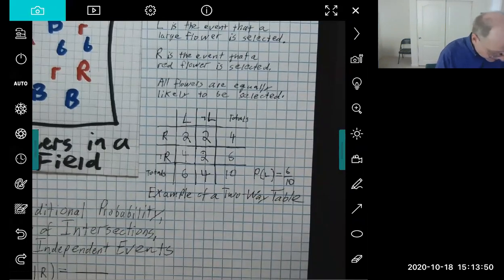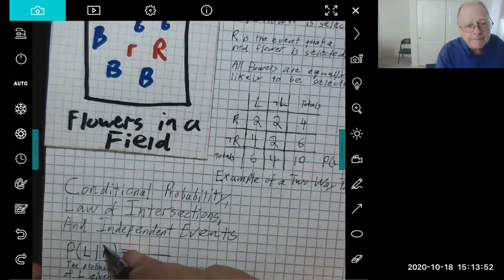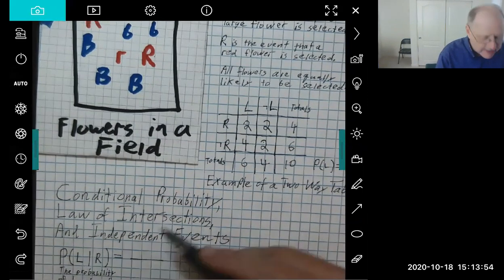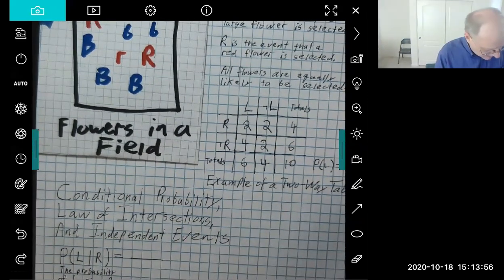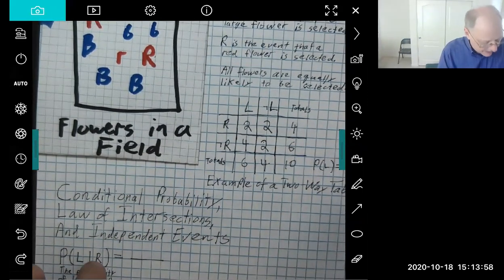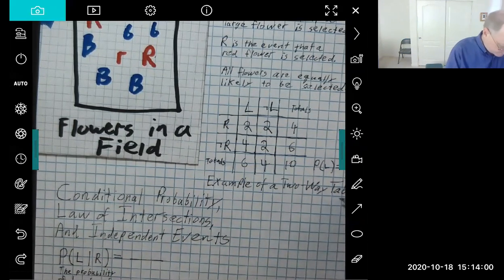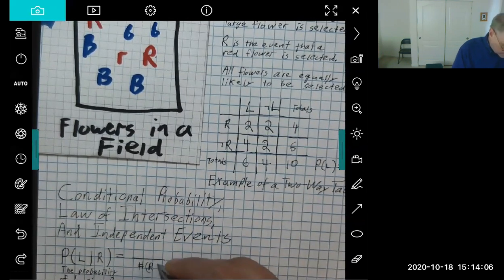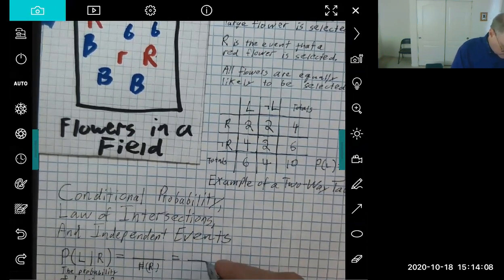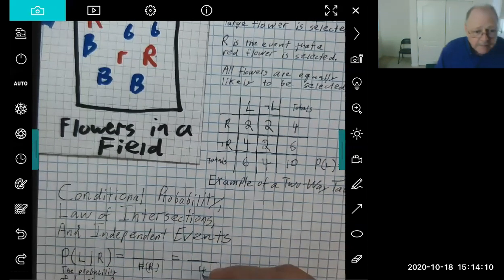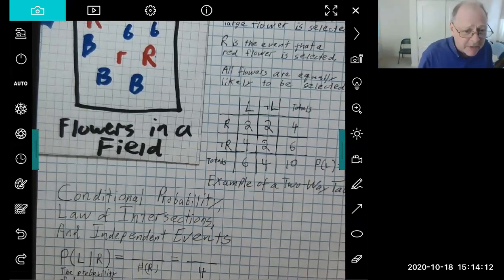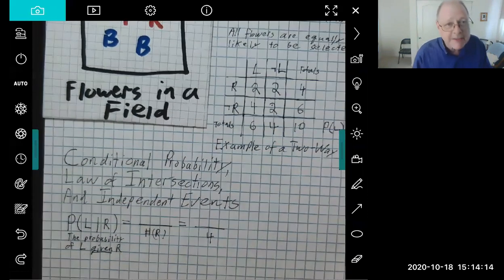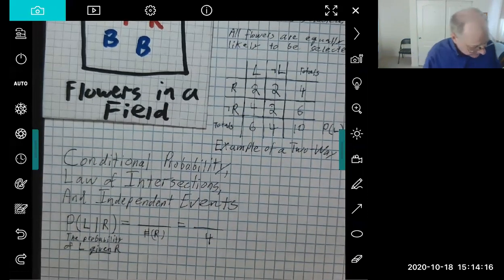Okay, but this is saying, no, it's not 10 in the denominator because I've told you already it was a red one. So now you know it's one of those 4 red flowers. Now what's the probability that it's large?